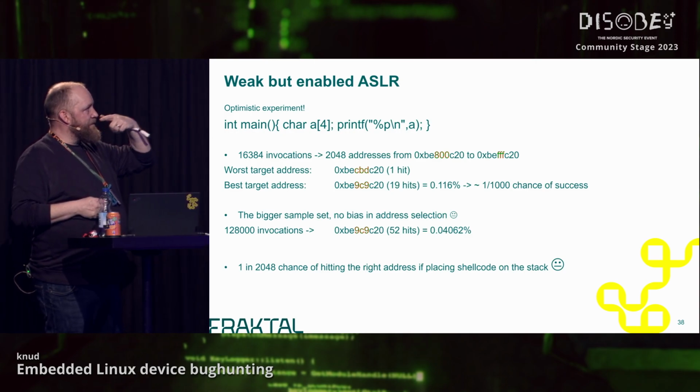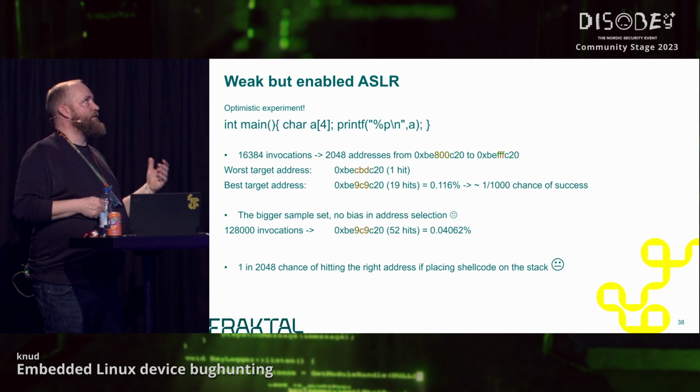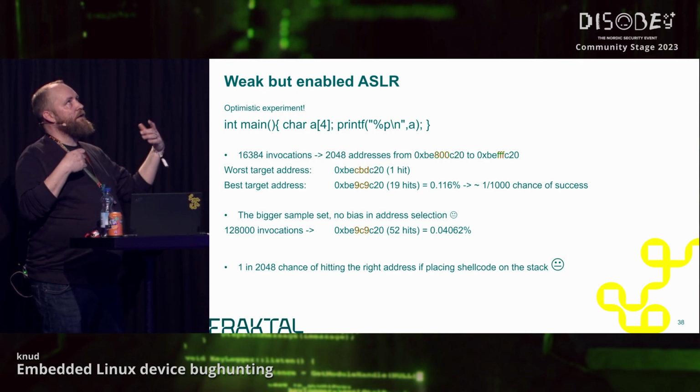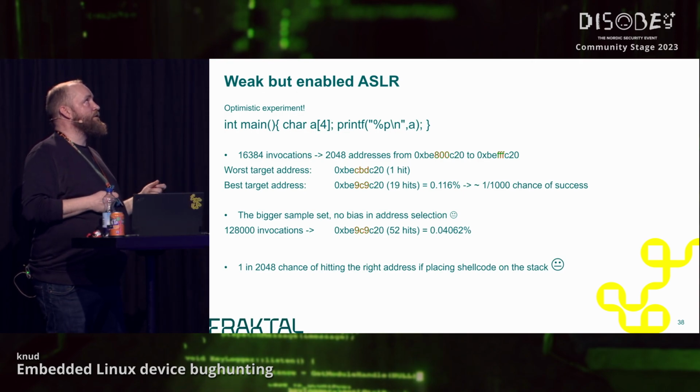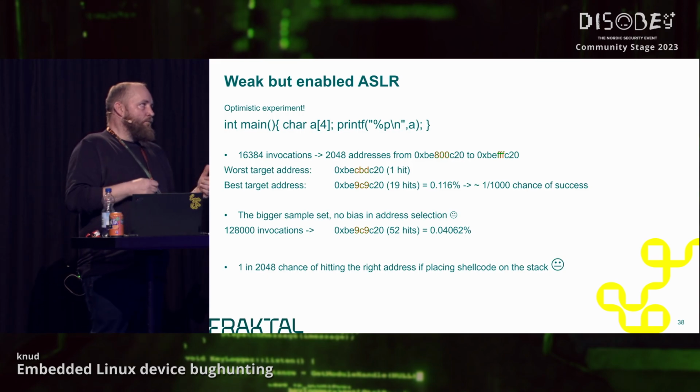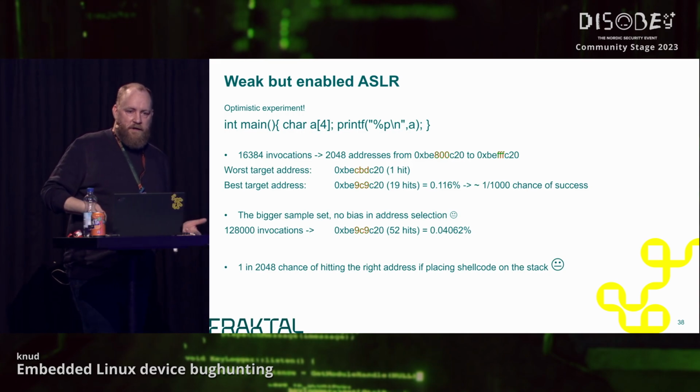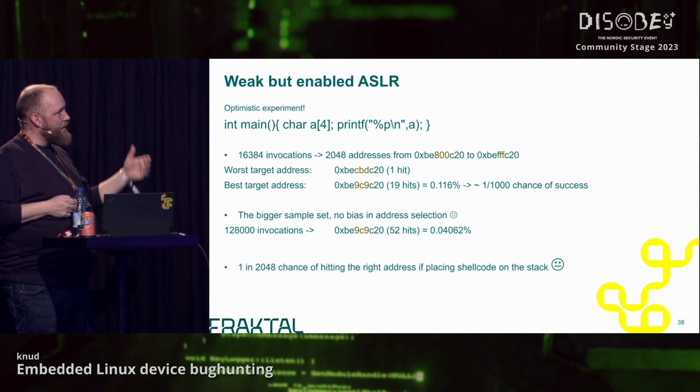So as an experiment, I also wanted to see if I could find the ideal landing address that maybe pops up more often or after every device reboot or something, right?